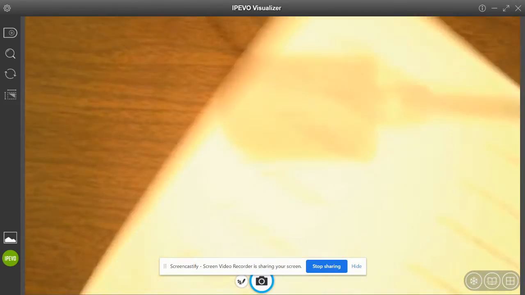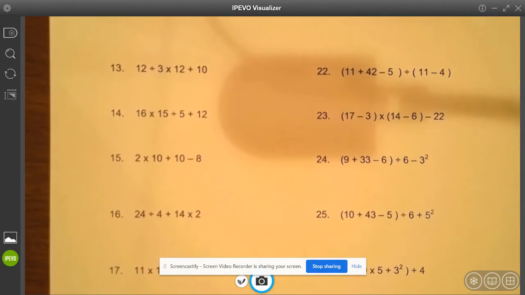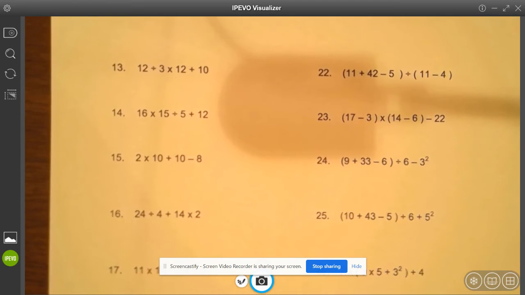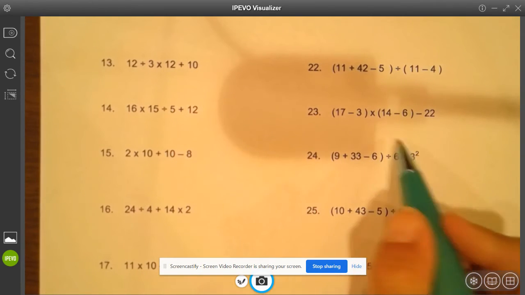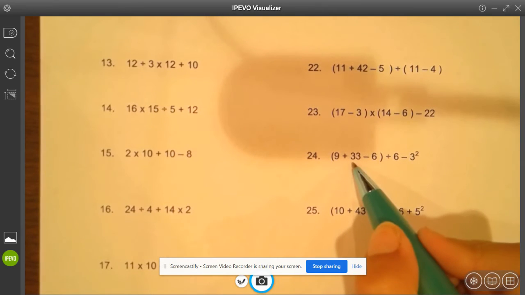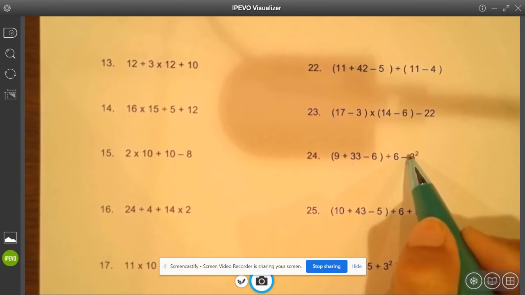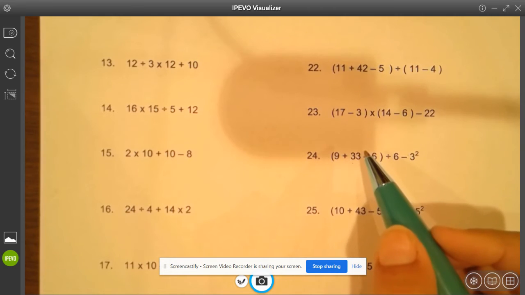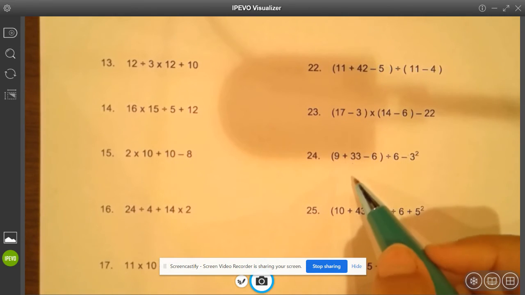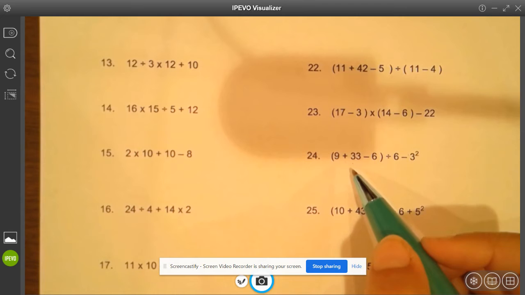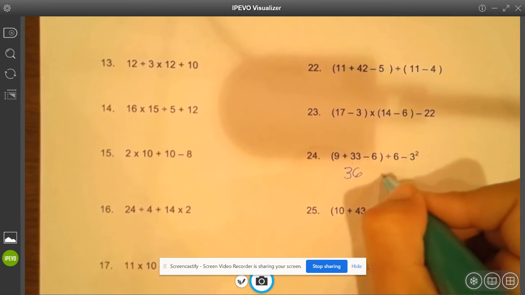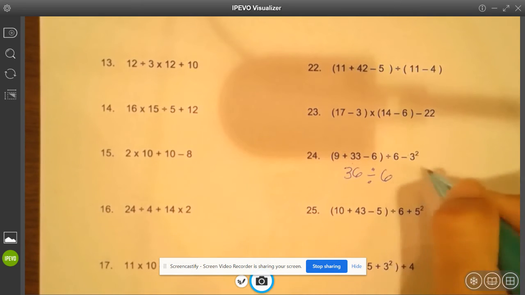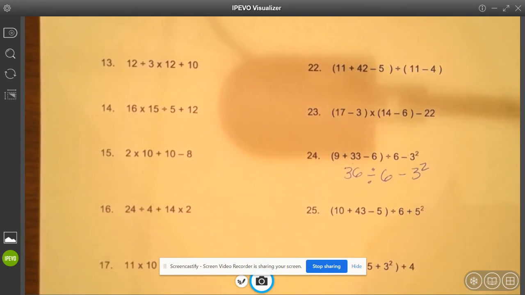Let's see, so remember the rules here. You're gonna see them again, and you can go back in your video and watch them. What happens when you have exponents? So let's do number 24 here. That's a mixture of things here. First parentheses, and then exponents. So let's solve for these first. So we have 9 plus 3 times 3 minus 6. That would be 36. So 36 divided by 6 minus 3 to the second power.